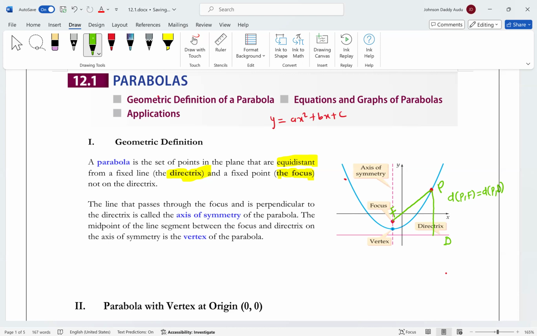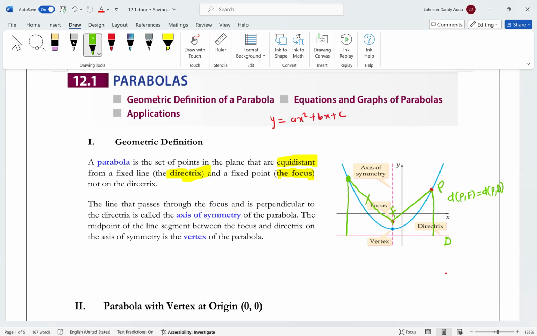It doesn't matter where the point is. If you take another point here, there is a vertical distance from this point to this horizontal line, which is our directrix. And there is also a distance from here to the focus.